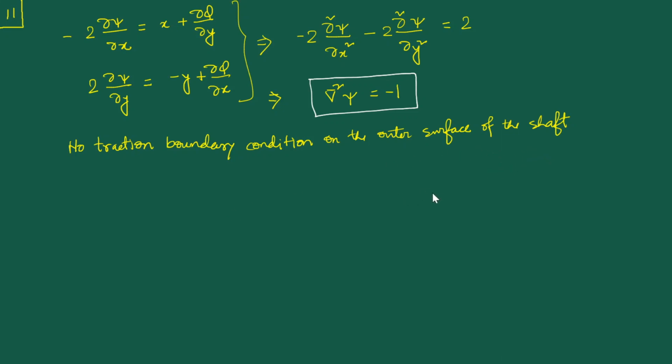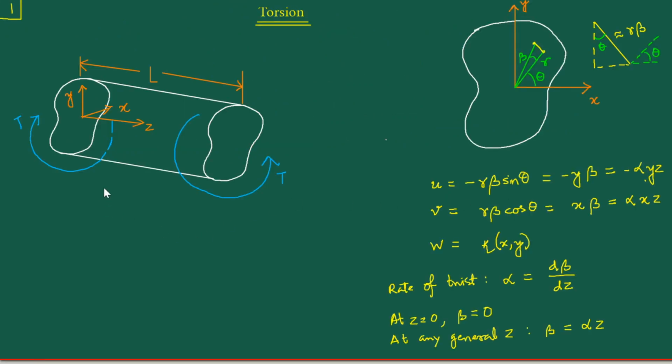So what I mean to say here is that if I just go back to this first diagram, this curved surface covering the entire length of the shaft, that surface is entirely free of traction. Okay, so on that surface I'll have the zero traction.